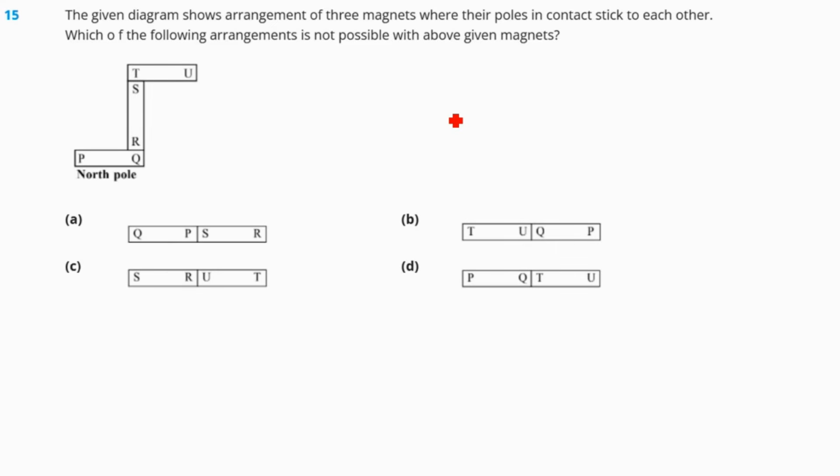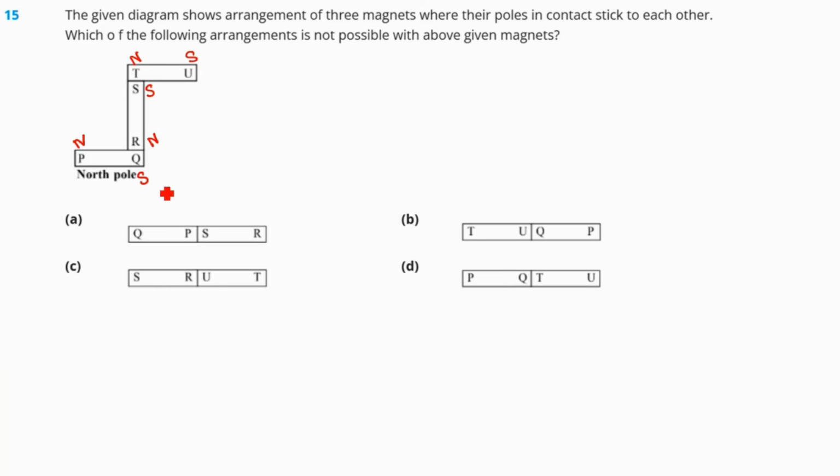Question number 15. The given diagram shows an arrangement of three magnets where their poles in contact stick to each other. Which of the following arrangements is not possible with our given statement? So here Q, P, S. Here T and S are opposite poles, Q and R are opposite poles, right? So if I just mark this, P is North Pole, Q is South Pole, R is North Pole, S is South Pole, T is North Pole, and U is South Pole, right?